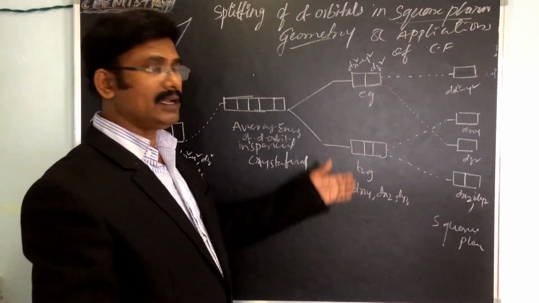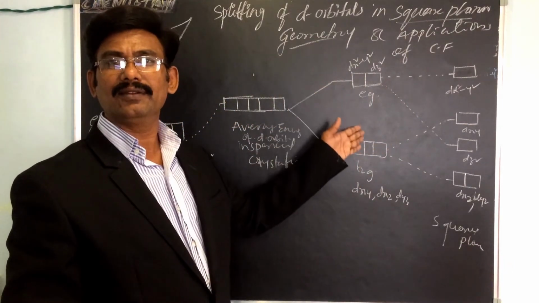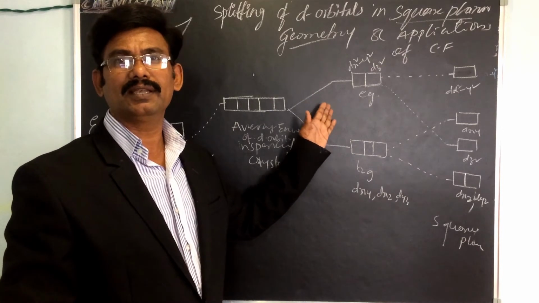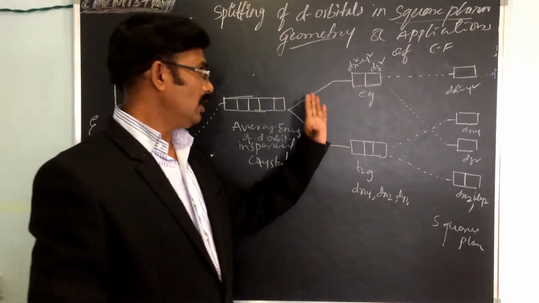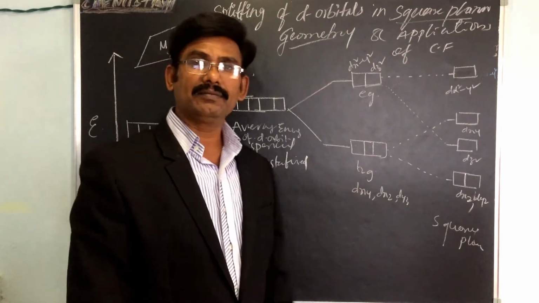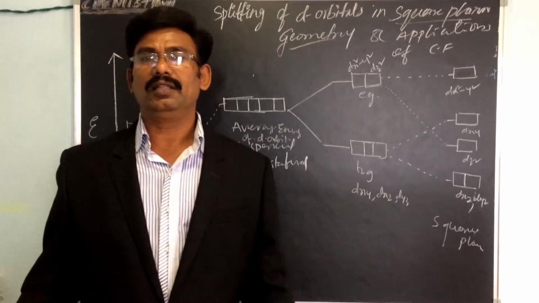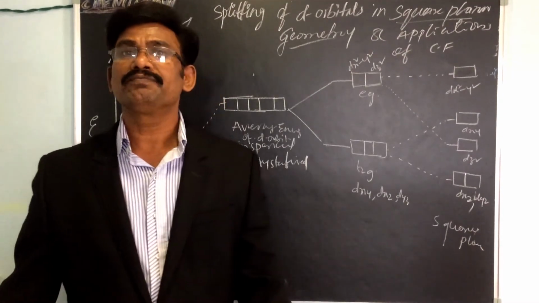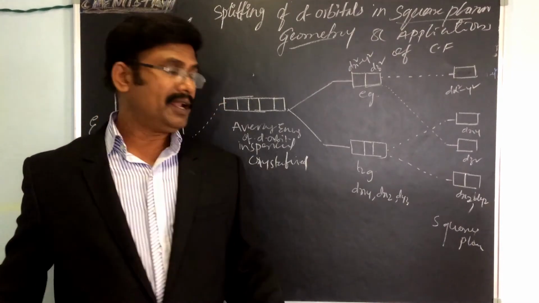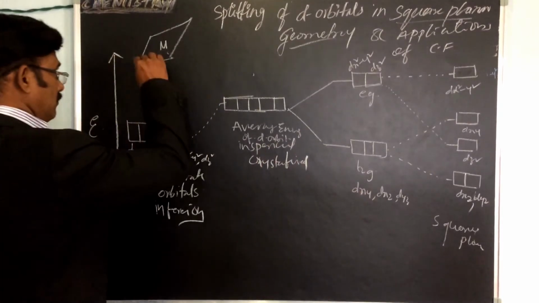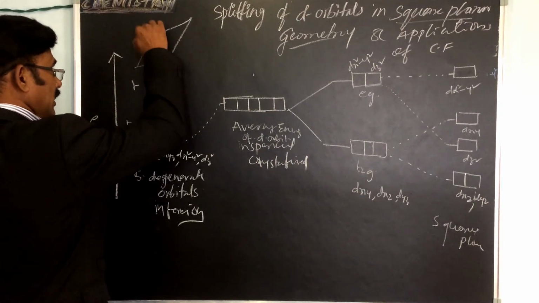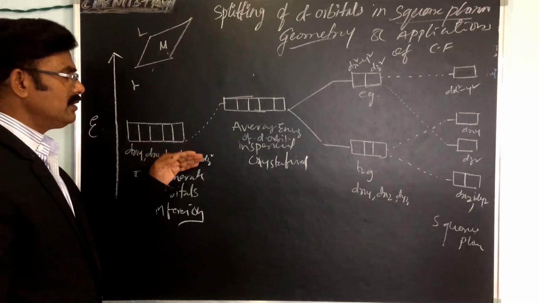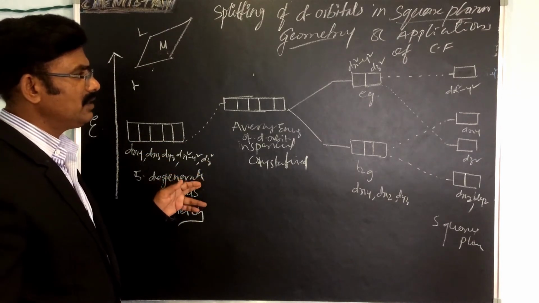We know that the eg and t2g in tetrahedral and octahedral are opposite. Just now the square planar is like this. When the ligands approach the central metal ion, the energy is raised up in the spherical crystal field.